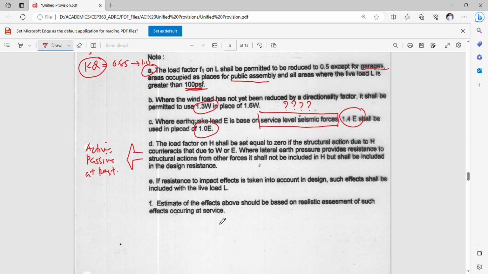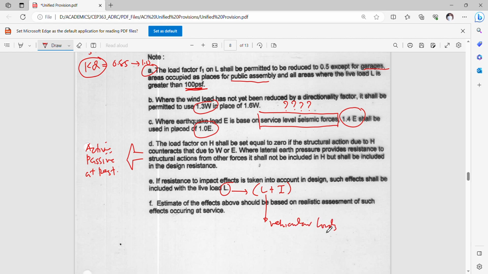lateral earth pressure. So for letter E, if the resistance of the impact effects is taken into account in design, such effects should be included with the live load. So we just change L to L plus I. Okay, so this includes the vehicular loads.